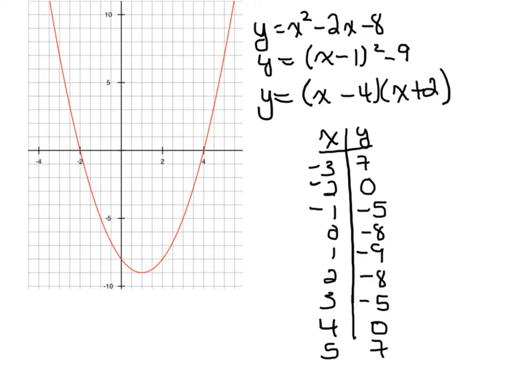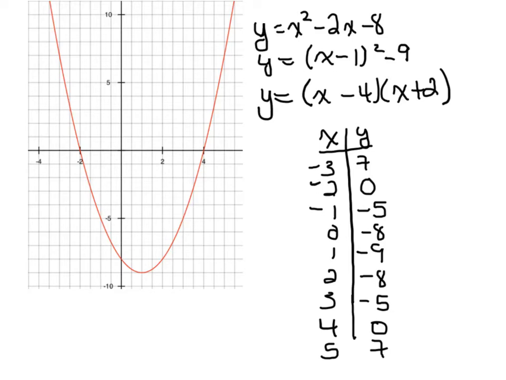So here we have the graph of the quadratic relation. We also have our 3 different forms. And we have the table of values that represents the quadratic relation. This table of values is the same one that we calculated, but I've just added 2 extra points here, so 4, 0 and 5, 7.